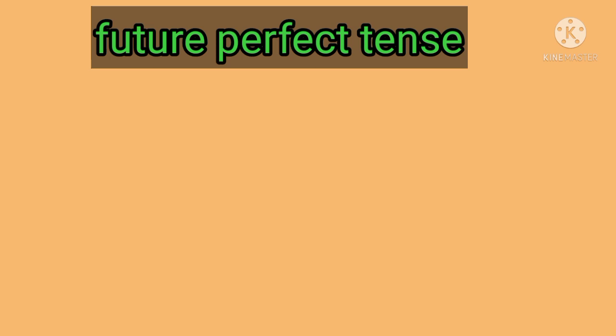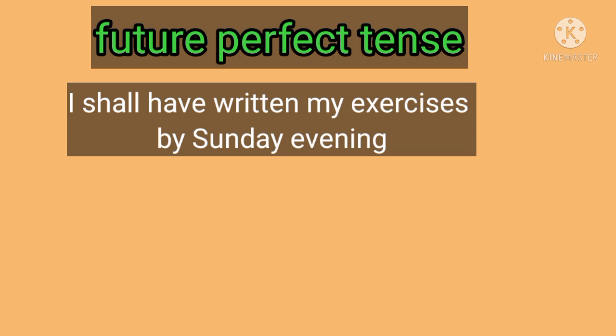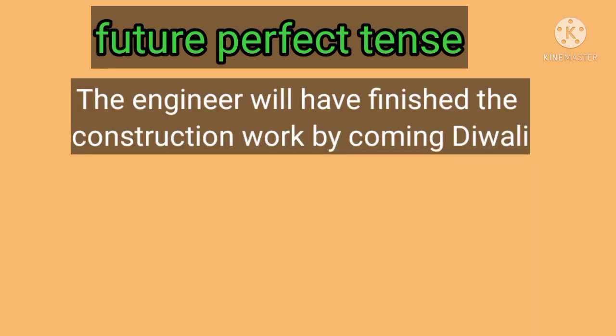Future perfect tense is used for an action which will be completed by a certain future date or time. For example, I shall have written my exercises by Sunday evening, or the engineer will have finished the construction work by coming Diwali.